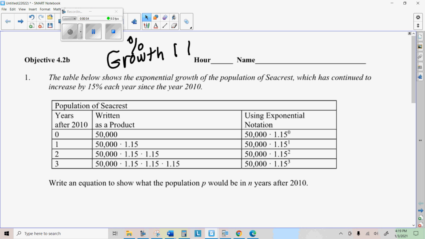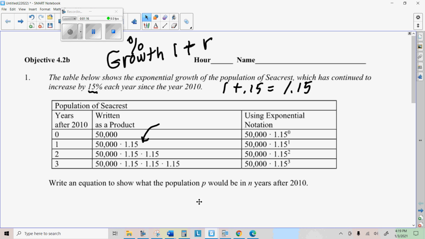You have to do 1 plus the rate. So if it's 15%, we would do 1 plus 0.15, which is 1.15. That's the number we're multiplying by. Every time we multiply by 1.15, we get the next year's population.